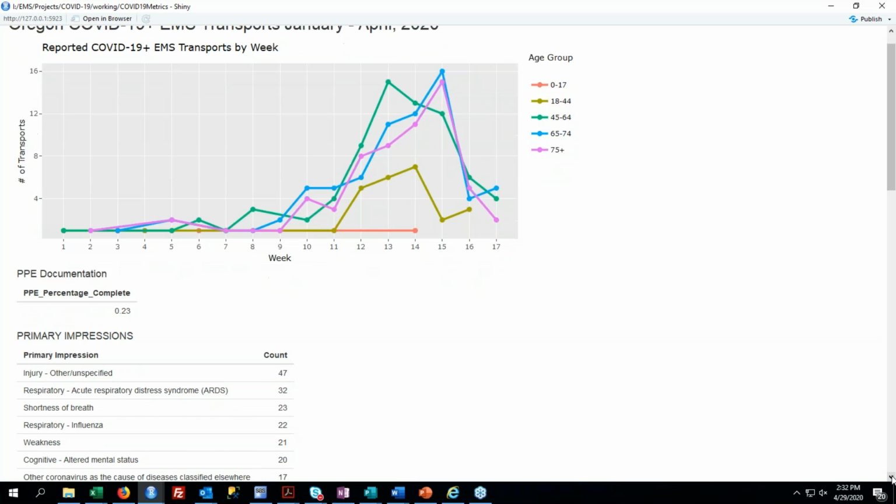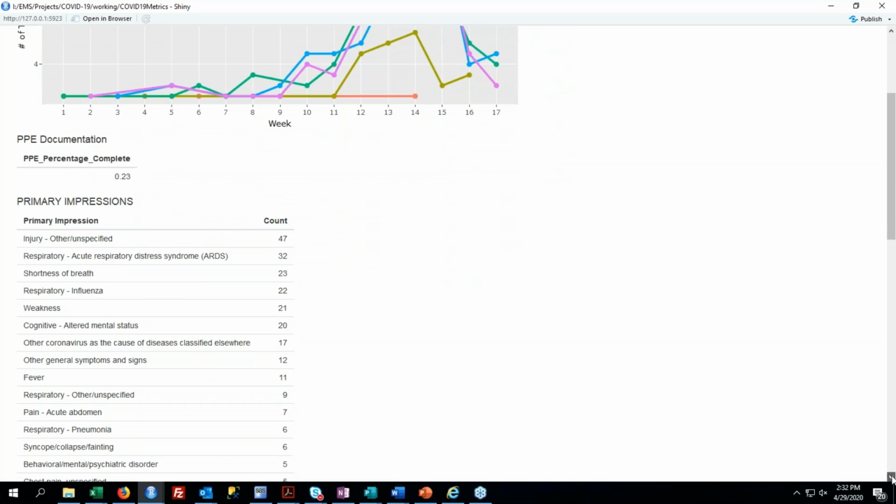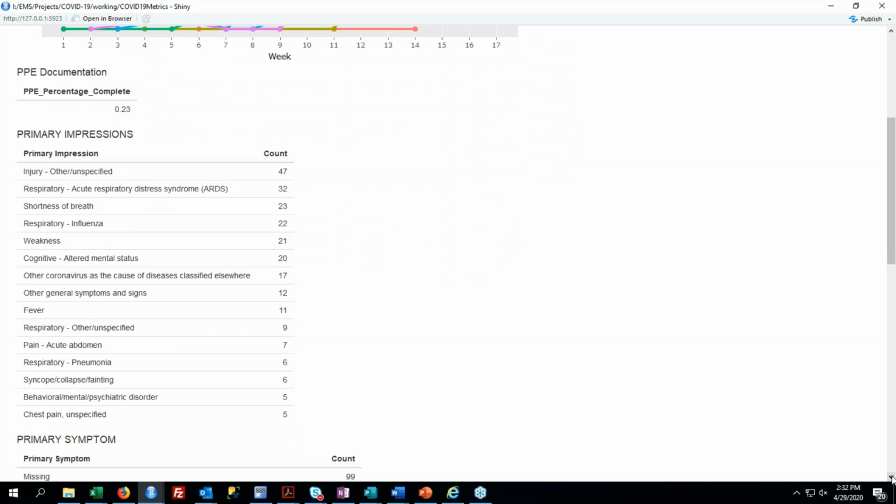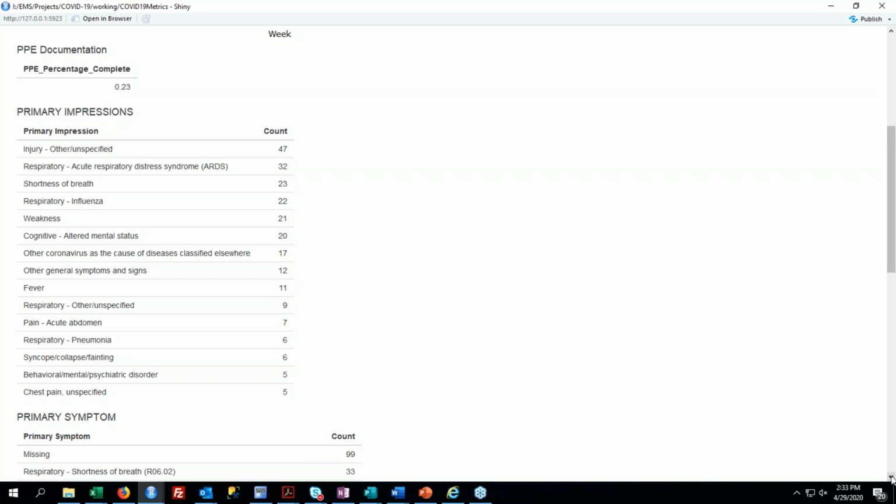So to highlight some of the issues we were discussing before about documentation of PPE, pulling out all of the records for these individuals and then looking at the individual EMS personnel on the call and whether the field for PPE usage was completed. This was only the case in 23% of those records. And remember, this isn't 23% of all records. This is of COVID cases.